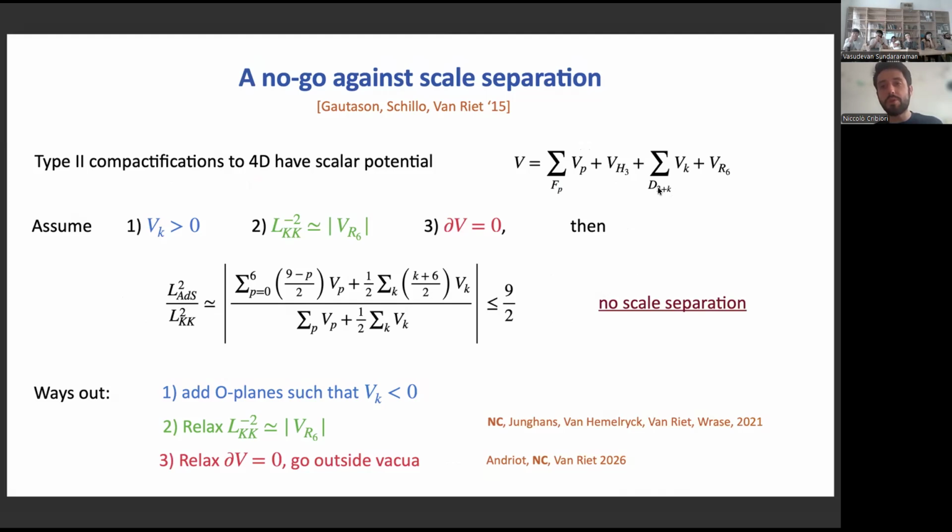You have Ramond fluxes of various degree, H flux, D-branes of some 3+k dimensions, 3 because I want them to be space-time filling in the external space, otherwise I break the isometries. And then there will also be possible terms from the curvature of the internal space.